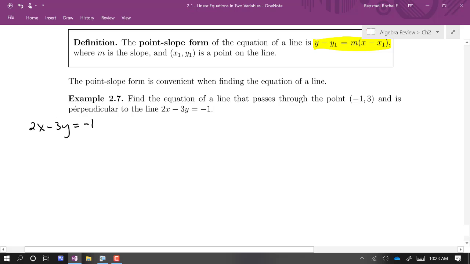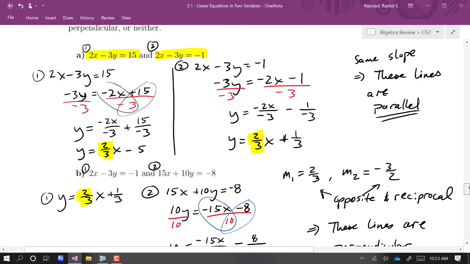So in example 2.5, we found that this line was equal to 2/3 x plus 1/3.